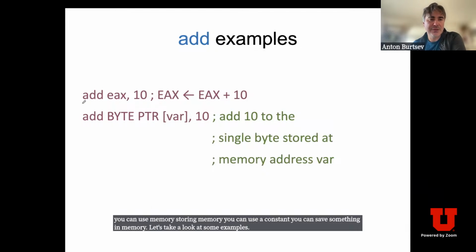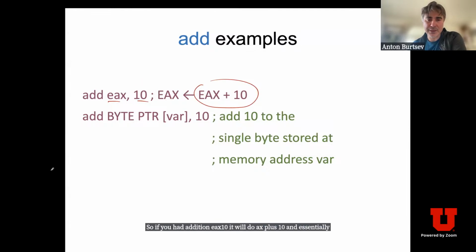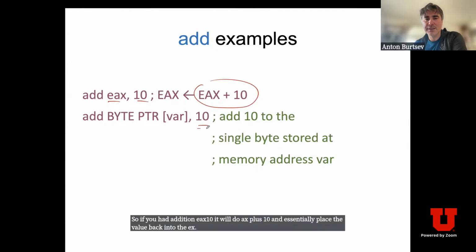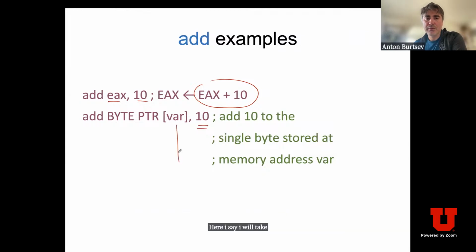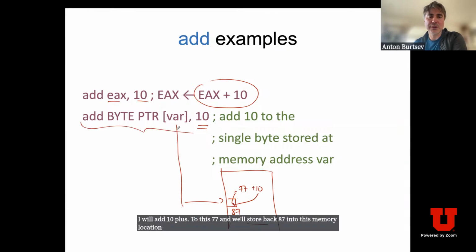If you had addition EAX 10, it will do EAX plus 10 and place the value back into the EAX. Here I say var points to memory, right? There is a byte at this location of var. Maybe this byte is 77. I will add 10 to this 77 and store 87 back into this memory location, right? So this is what's written here.